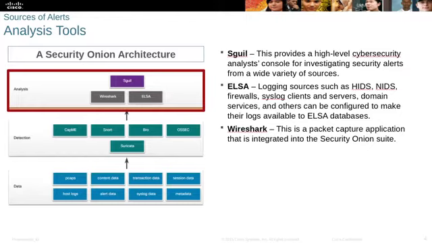ELSA. This provides an interface to a wide variety of network security monitoring data logs. Logging sources such as host-based intrusion detection systems, network-based intrusion detection systems, firewalls, syslog clients and servers, domain services and others can be configured to make their logs available to the ELSA database.